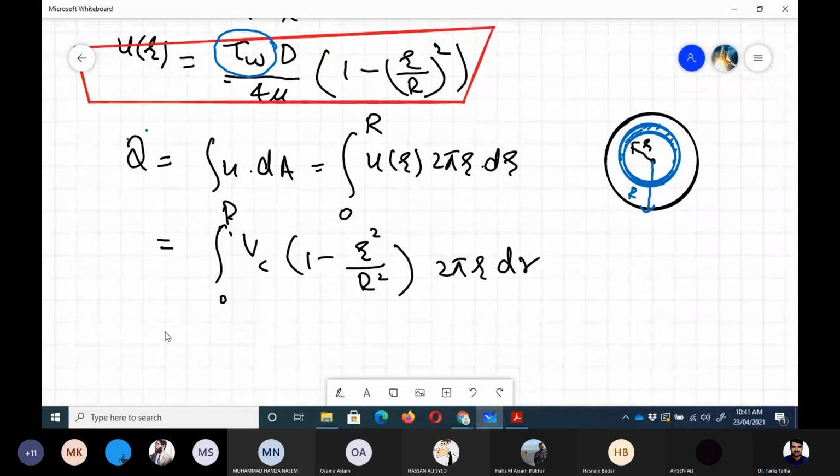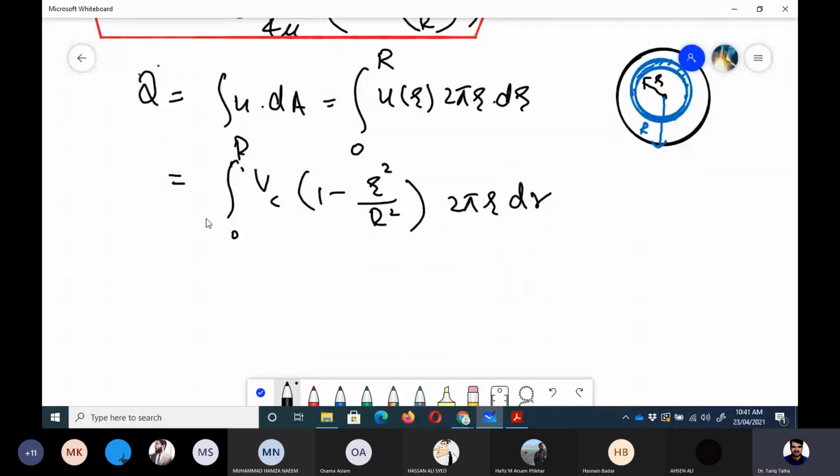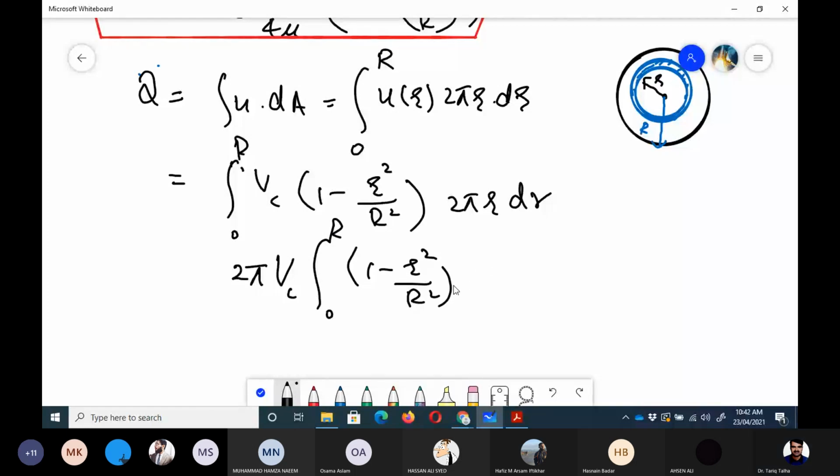Center line velocity is, by the way, the maximum velocity in pipe flow. So now I can take the constants out of the integration, that is 2 pi would be out of the integration, and Vc, the center line velocity, would also be out of the integration, and then the integral from 0 to R of 1 minus r square upon R square, into r dr. If we do the integration, we know that the first term would be r square by 2, and the second term would be r raised to power 4 divided by 4 R square.